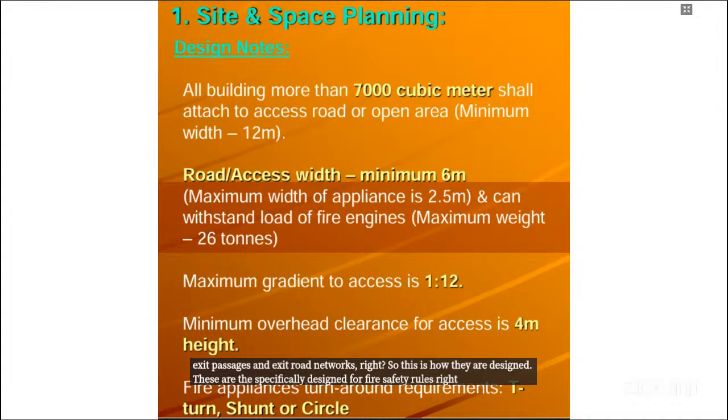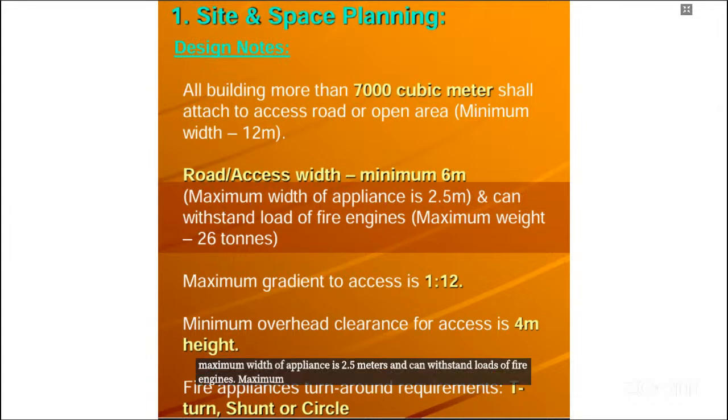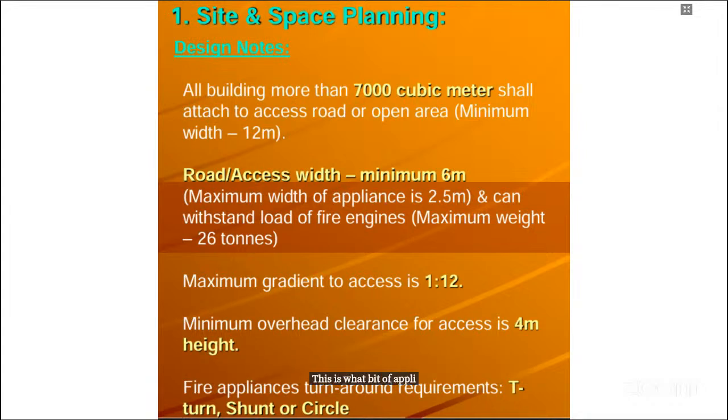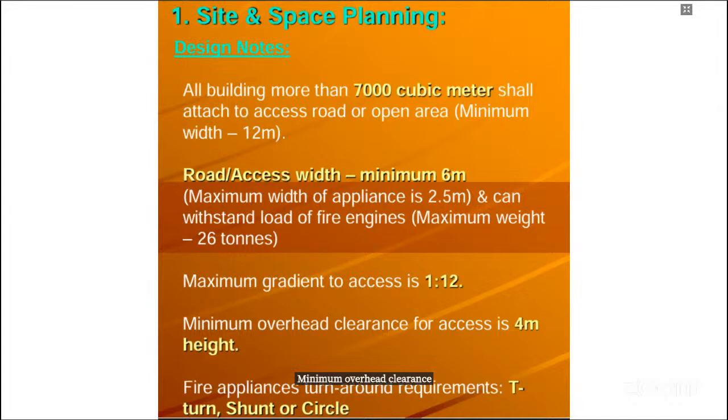Maximum width of appliance is 2.5 meters, and the road can withstand loads of fire engines, maximum weight 26 tons. This is the width of appliance you are given, and how much load they can withstand. Maximum gradient to access is 1:12. Minimum overhead clearance for access is 4 meters in height. Fire appliances turn around requirement: T turn, shunt, or circle.